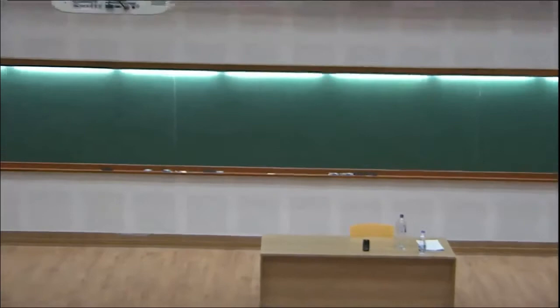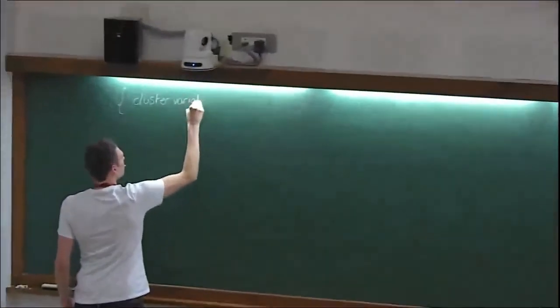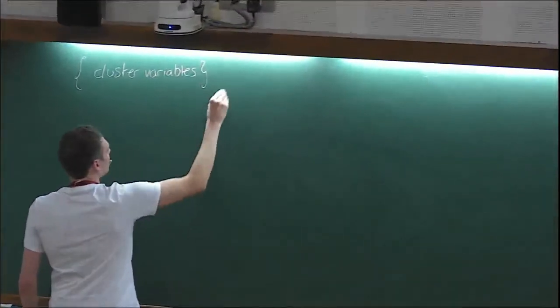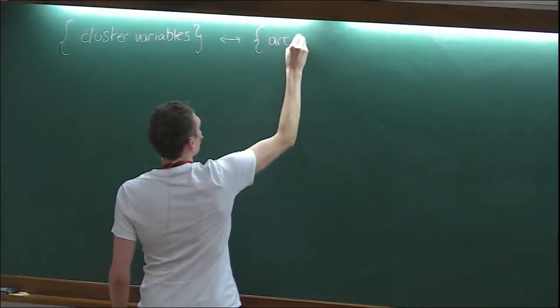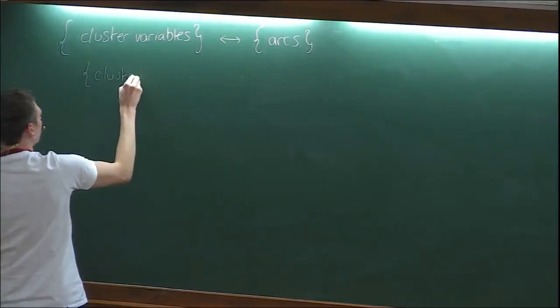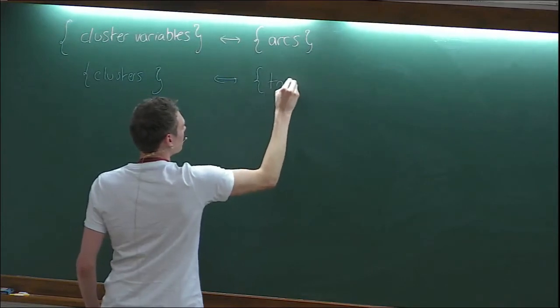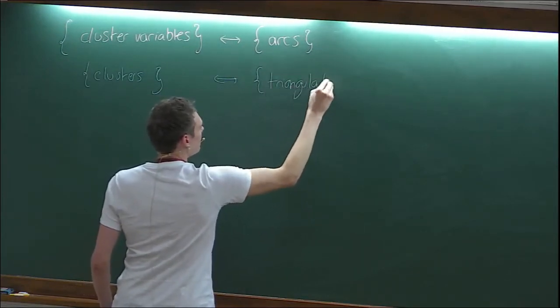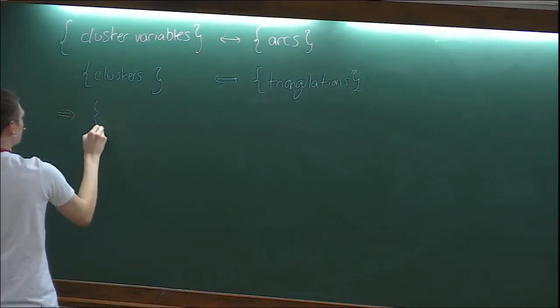Let's set out the problem again. Cluster variables correspond to arcs on our surface. The clusters are in correspondence to triangulations. What does that mean about the cluster monomials?